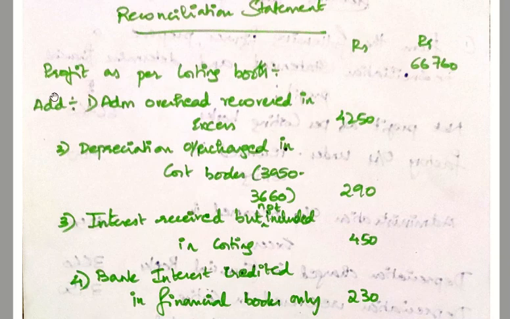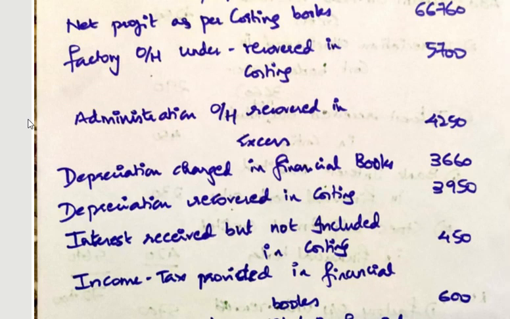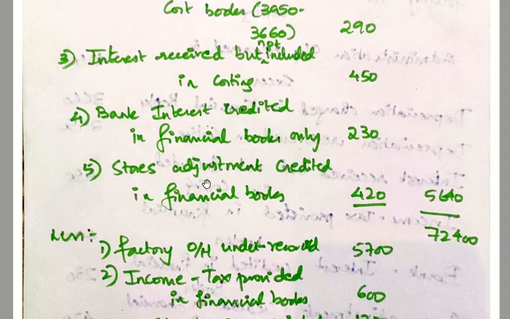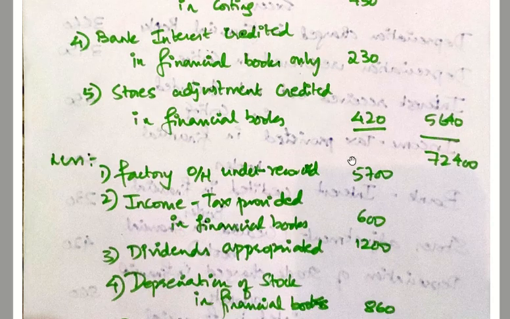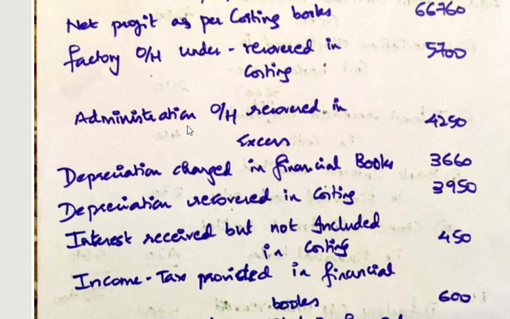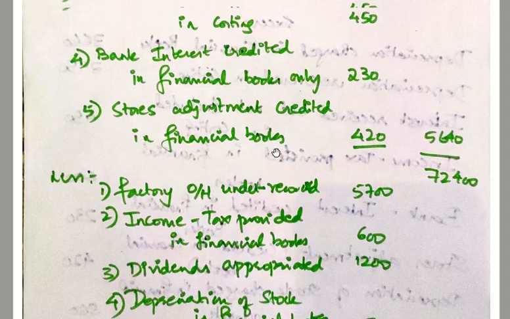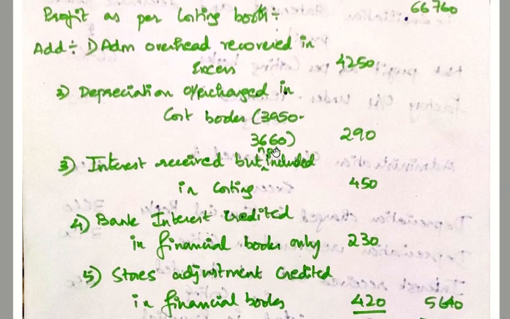Now whatever needs to be added, which I have discussed in the question, that will be added, and whatever needs to be minused, that will be minused. So factory overheads under recovered is basically minused, 5,700. Administrative overhead recovered will be added because it is over absorption of overheads. So administrative overheads recovered in excess, 4,250.